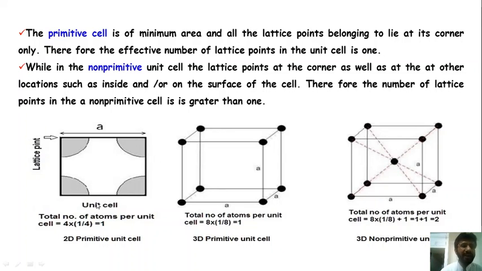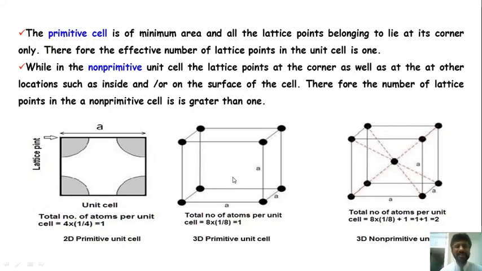Then how can we find the total number of atoms per unit cell, or the effective number of atoms per unit cell? Here at these four corners, 1/4 of an atom is contributed to this unit cell. So 4 multiplied by 1/4 is equal to 1. The total number of atoms per unit cell in this two-dimensional primitive unit cell is 1.